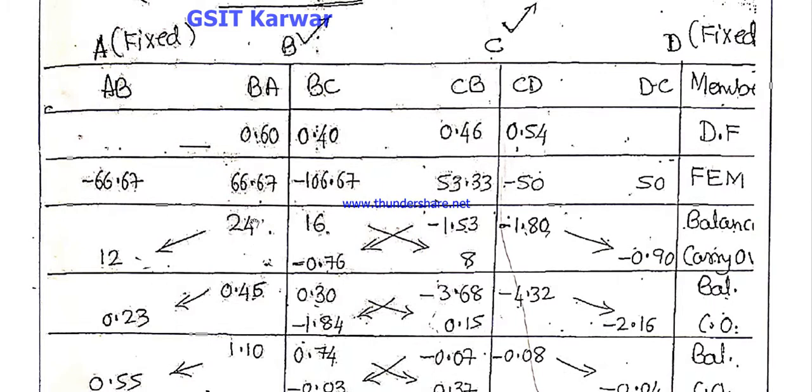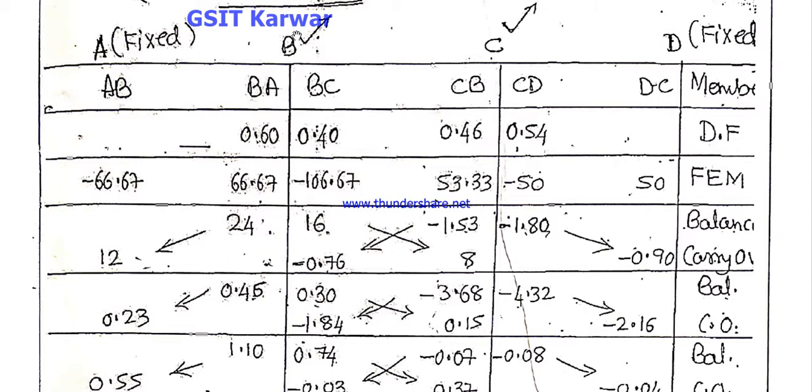How are we going to calculate this balance value? How did we get 24, 16, minus 1.53, minus 1.8? That is the question here. It is very simple. Look here. The fixed end moment values are there at the joints.